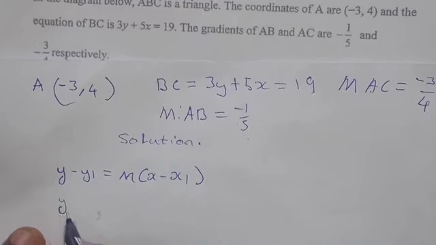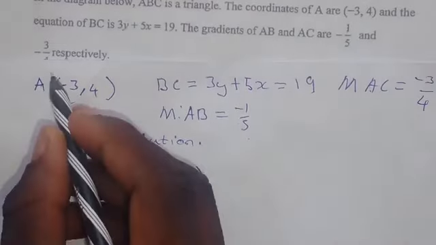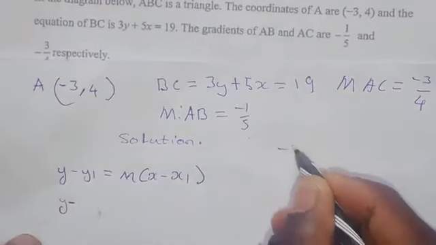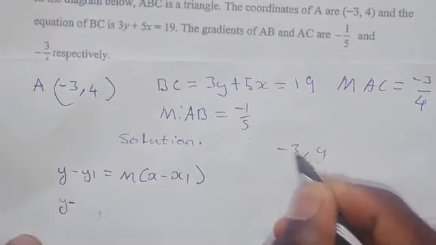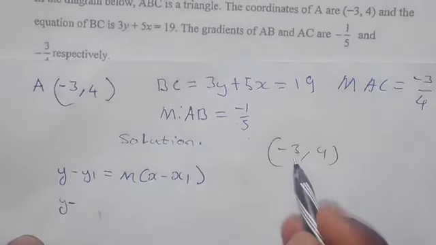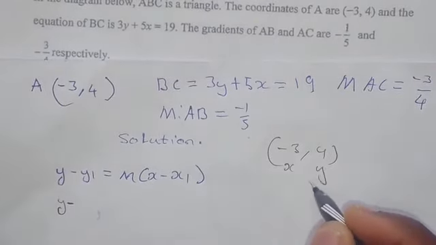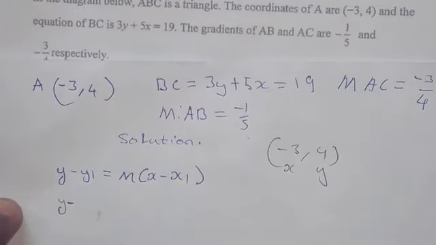So we have y minus y1. You know that if you have the point negative 3, 4, this is the point that we have. We know that the first one is x, and this is y. Coordinates are written in the form x, y.